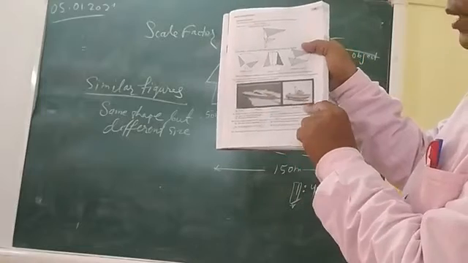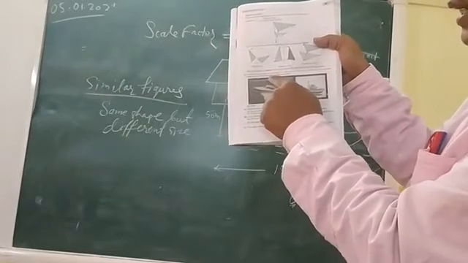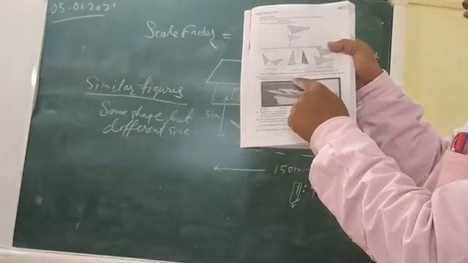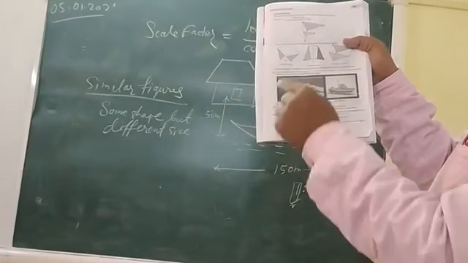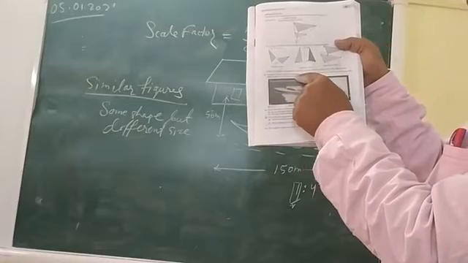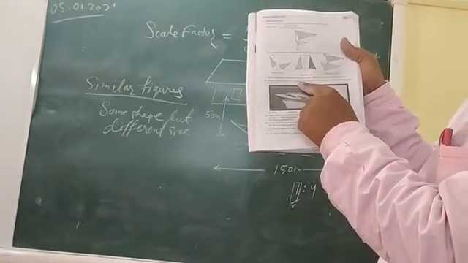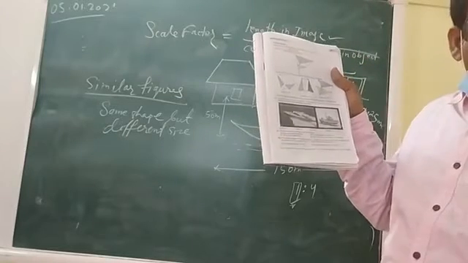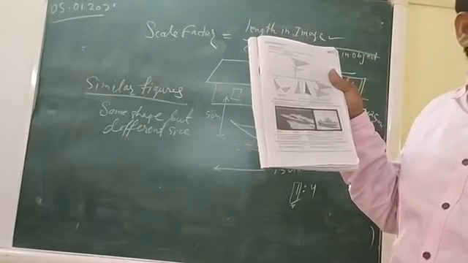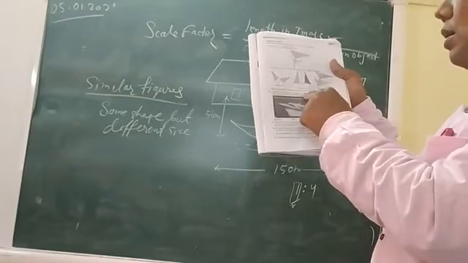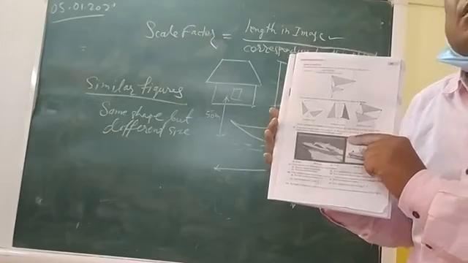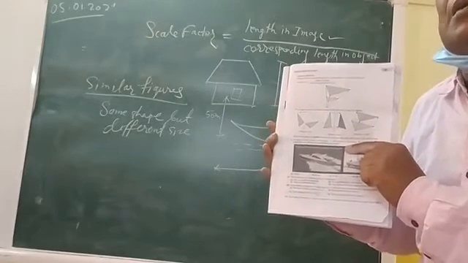In the question, a model of a boat is made on the scale of 1:4. What is the scale? 1:4. So you note down that the scale is 1:4. Clear? Now the model is 120 centimeter long.